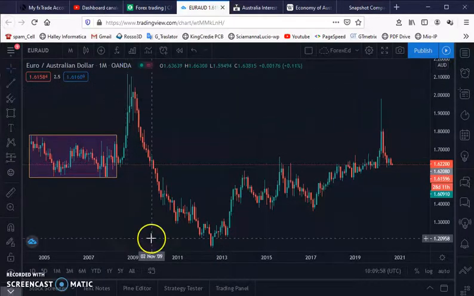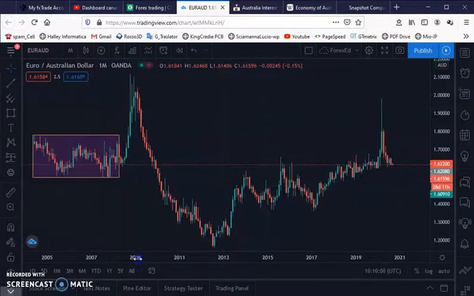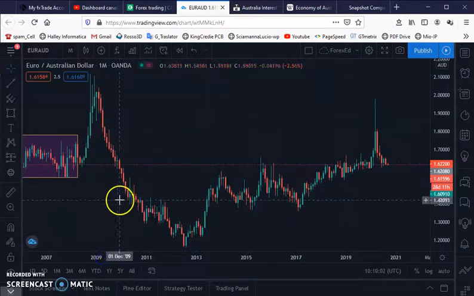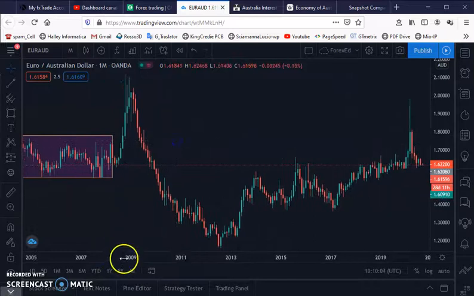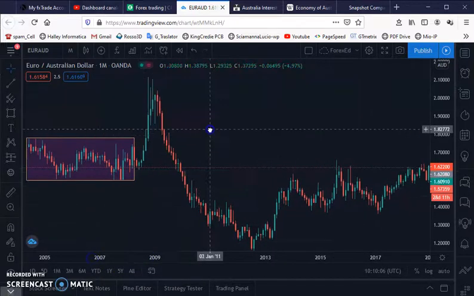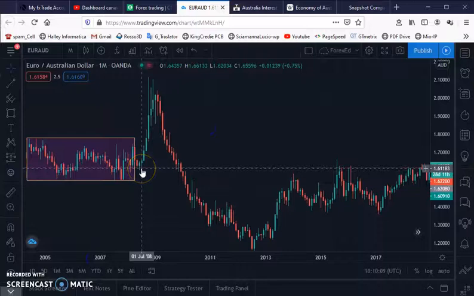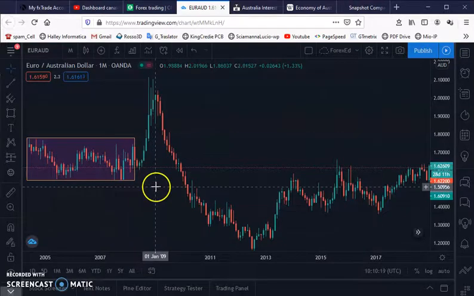After not so much time, I will say July 8 started the trend. 1, 2, 3, 4, 5 months lasted the uptrend of the Euro Australian dollar.